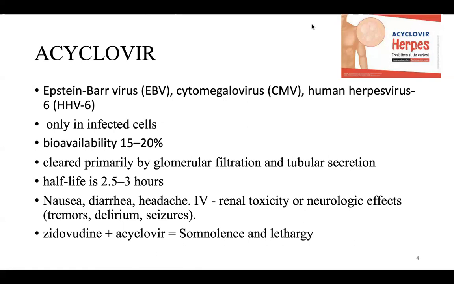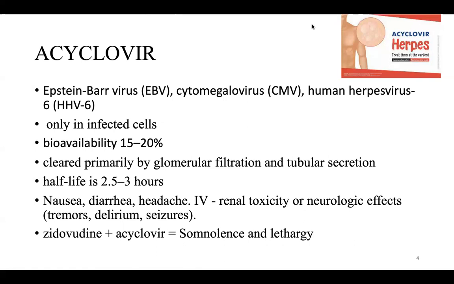Acyclovir is cleared primarily by glomerular filtration and tubular secretion. The half-life is 3 hours in patients with normal renal function. Acyclovir diffuses readily into most tissues and body fluids. Cerebrospinal fluid concentration is near 20 to 50% of serum values.